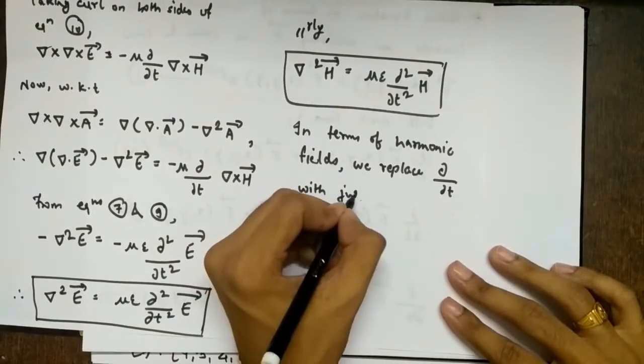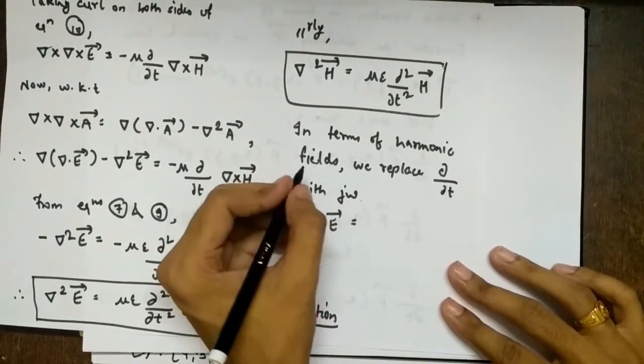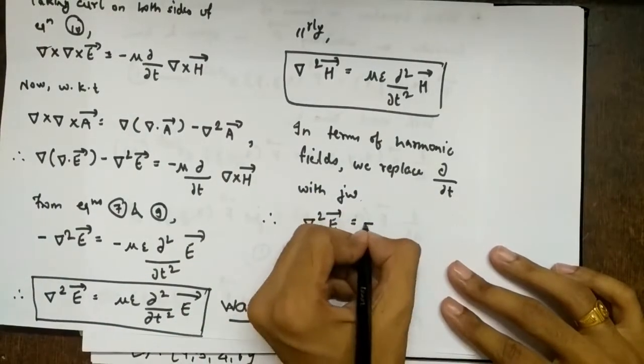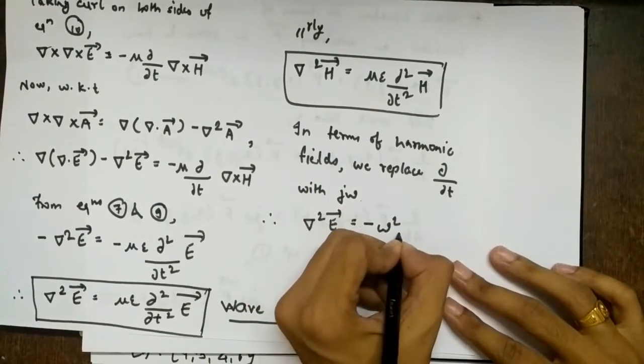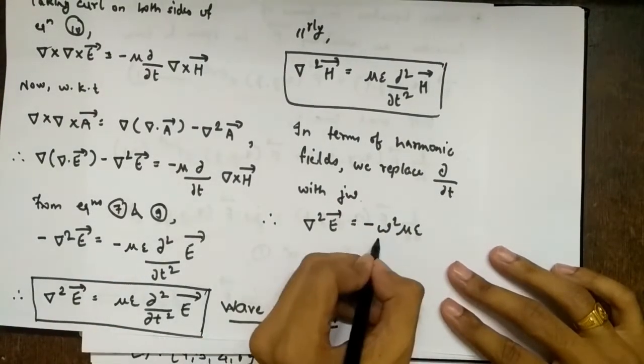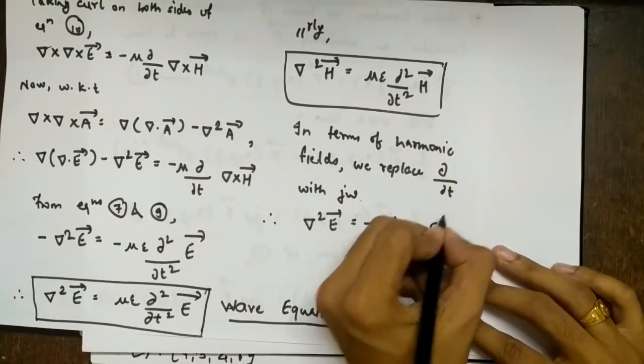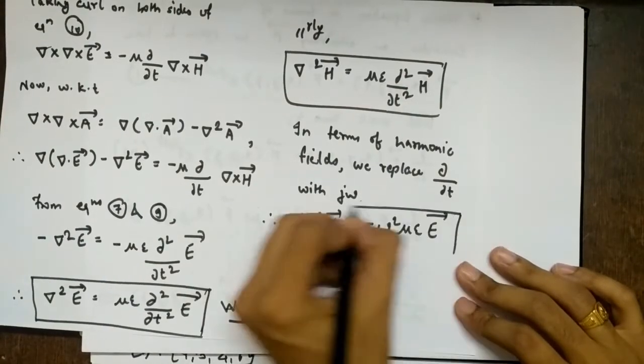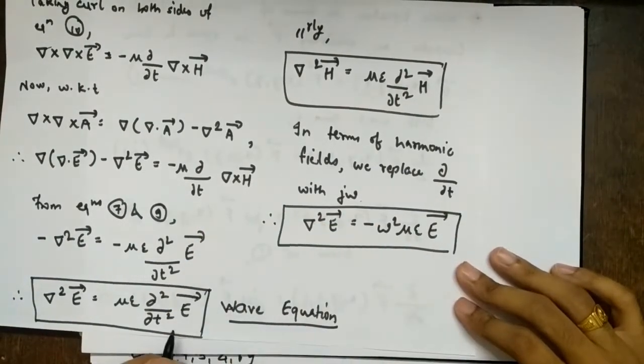So j square omega square. What is j square? Minus 1, so this sign will be minus. So minus omega square mu epsilon. Remember, ∂² by ∂t² is replaced by minus omega square. So I will just have e vector. So this is my wave equation in terms of harmonic fields.